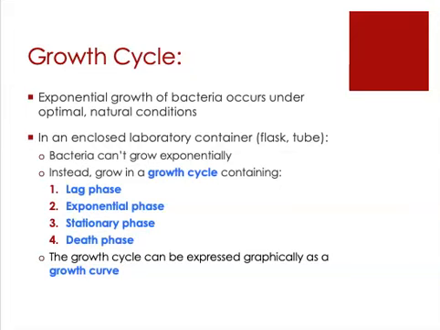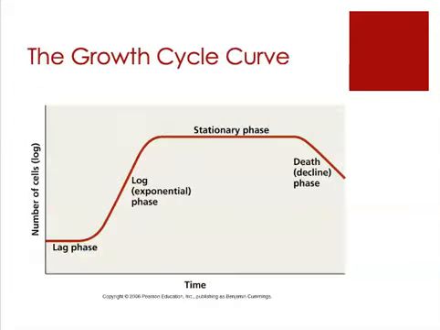Now, we can express this 4-step growth cycle graphically. You can see this when, again, you plot out cell number data over time. And that's what you're looking at on this slide. So on the x-axis, time is going by.